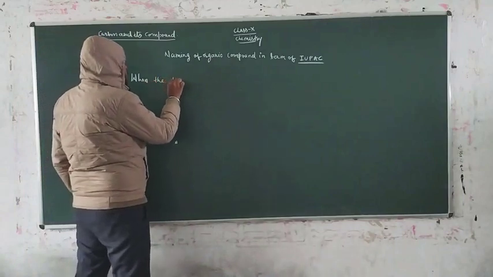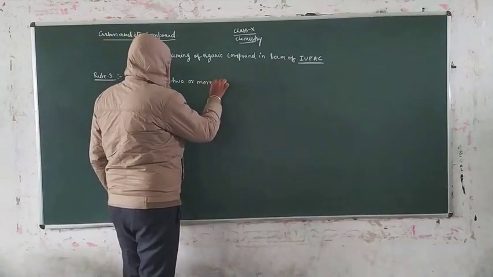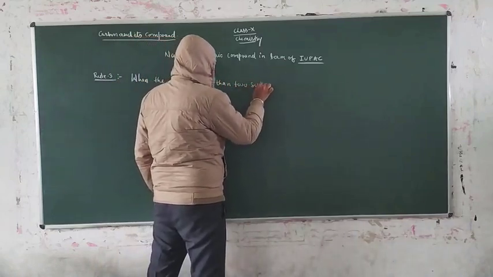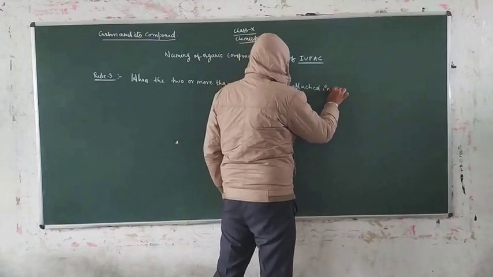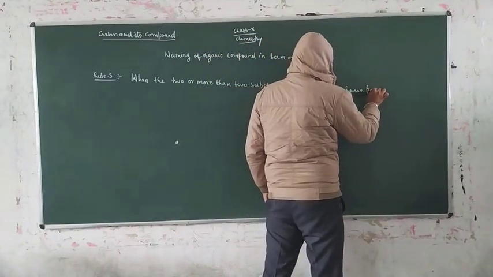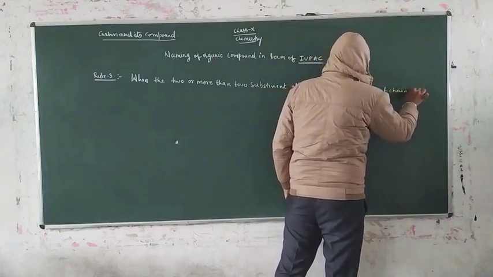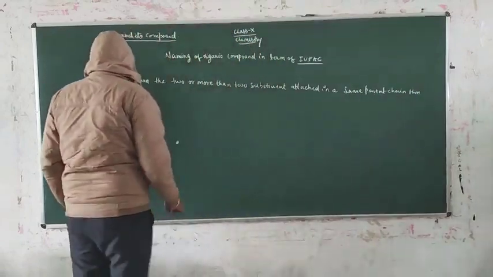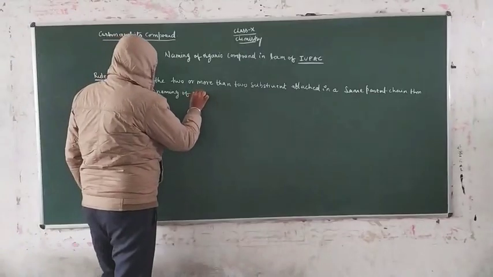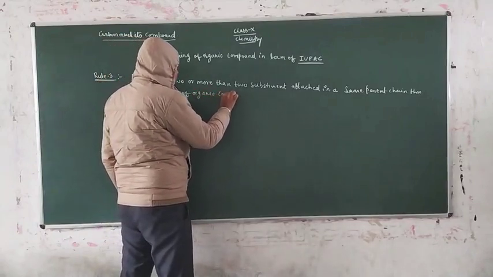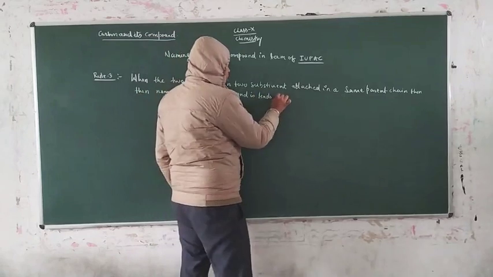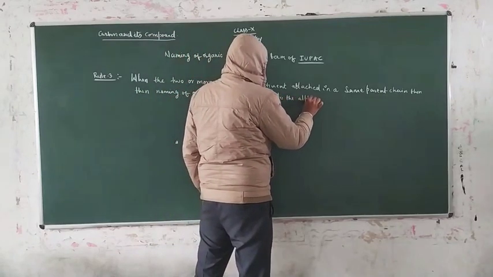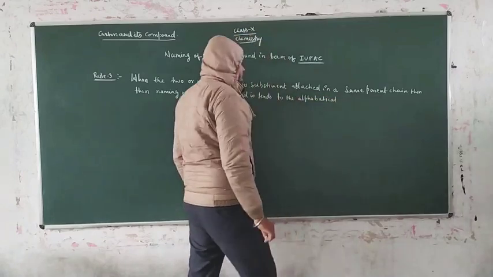When 2 or more than 2 substituents are attached in the same parent chain, then the naming of the organic compound tends to follow alphabetical order.